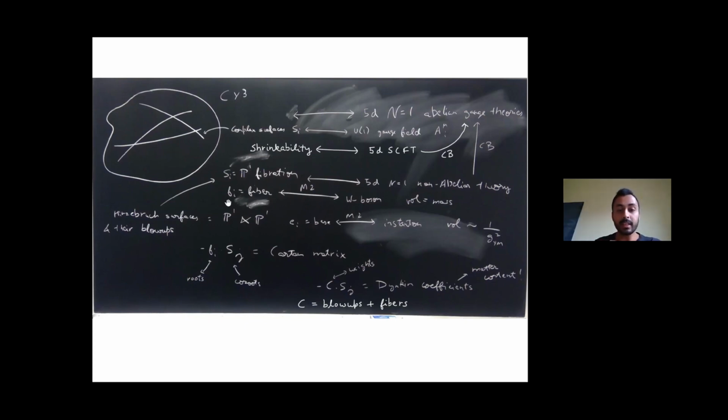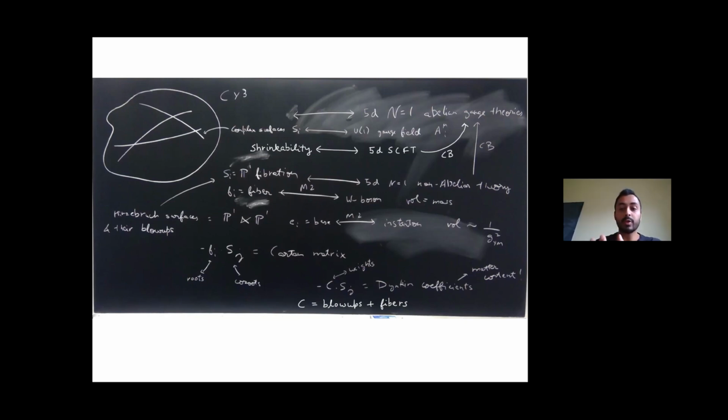So let's say that I call each fiber inside each surface Si as Fi. Wrapping an M2 brane on this fiber produces the W boson corresponding to this motion onto the Coulomb branch. The volume of this fiber can be identified as the mass of the W boson.